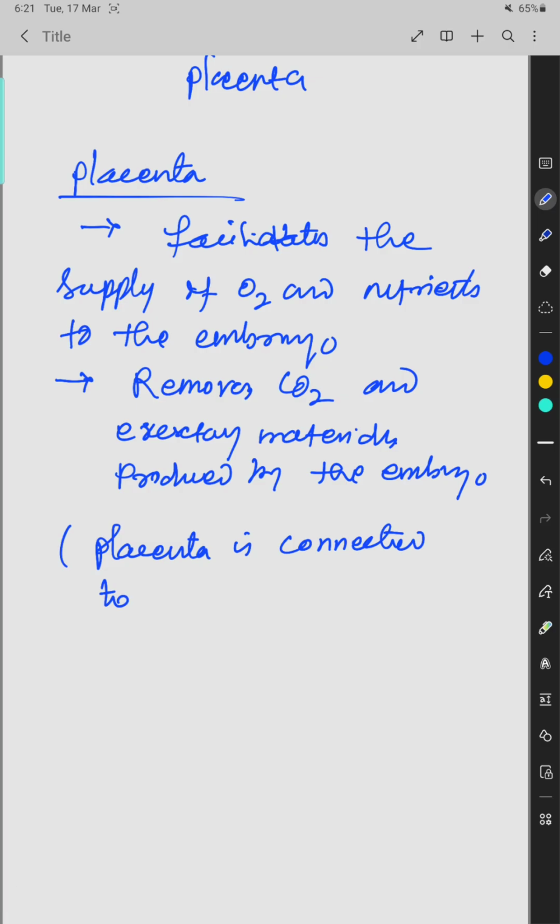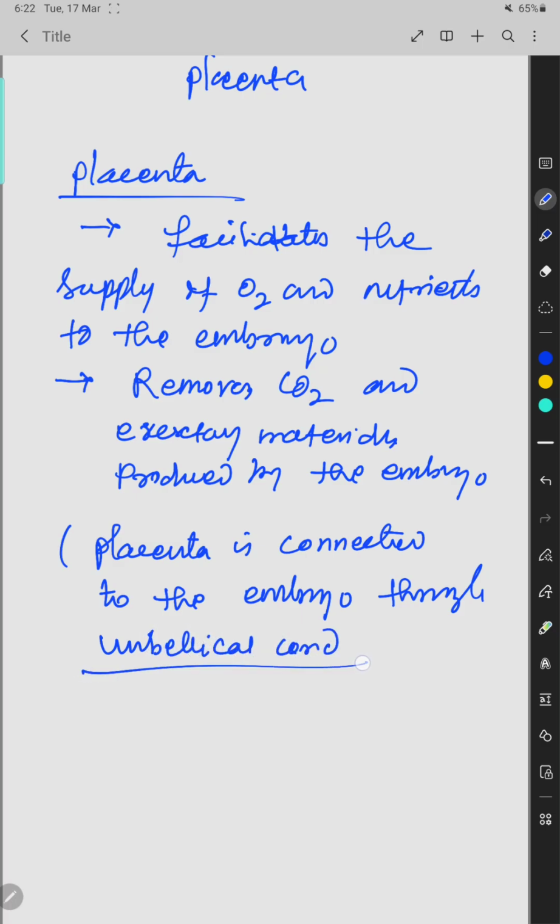Now on the other side, the placenta is connected to the embryo through the umbilical cord. Very, very important, single L. It is connected by the umbilical cord through which the transport of the substances takes place.